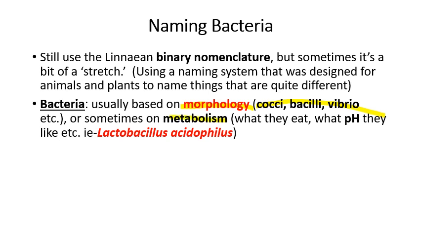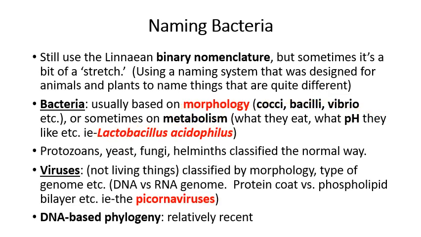You've already learned that Lactobacillus is a bacillus that eats lactose and converts it into lactic acid, which creates acid, and therefore it's an acidophile. So Lactobacillus acidophilus is an example of a bacterium that got its genus name and its species name not based on its reproductive ability, but based on the fact that it's a bacillus and it is also an acidophile. It likes to live in an acidic environment.